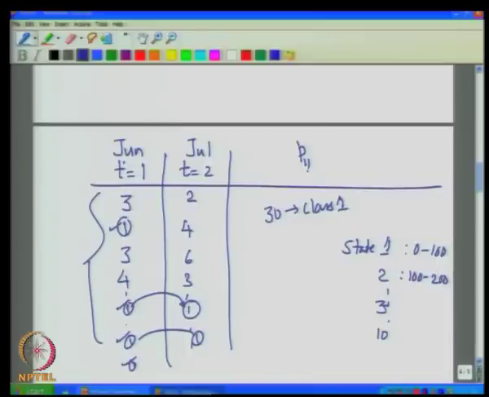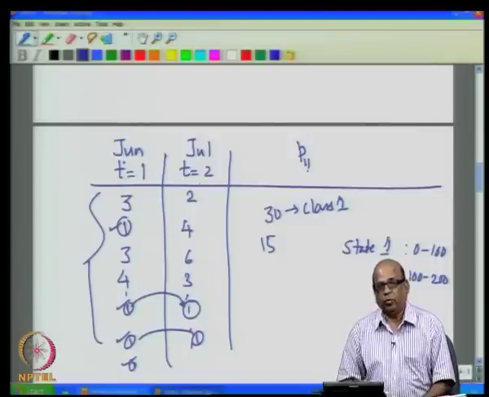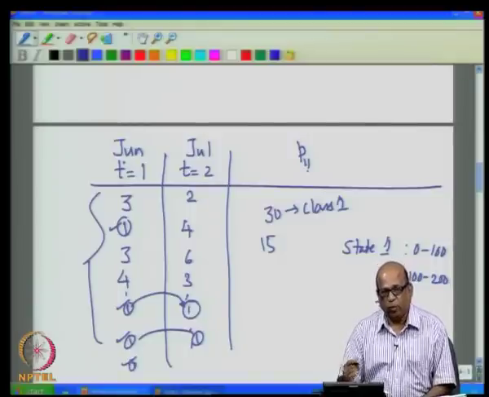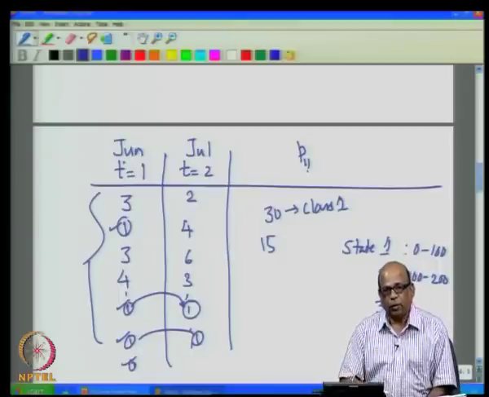Let us say this was 15, that means 15 out of these 30 times, it went into class interval 1 again in July month. So, what is the probability of going from 1 to 1? It is 15 by 30 or 0.5.